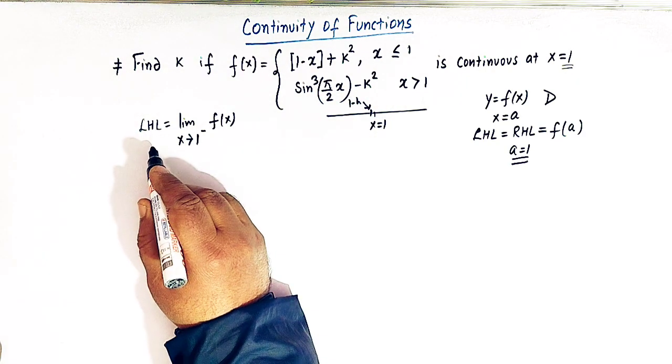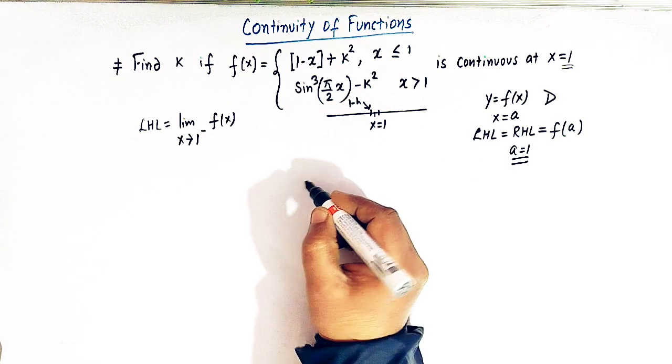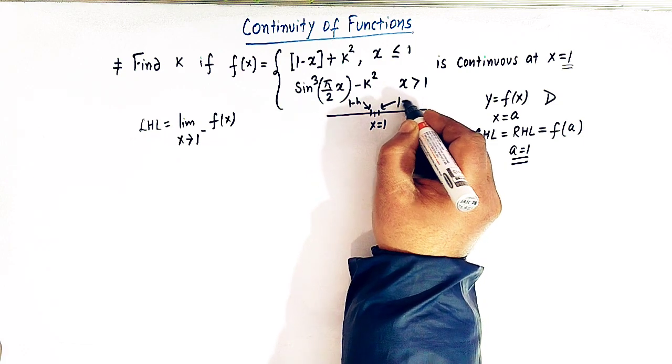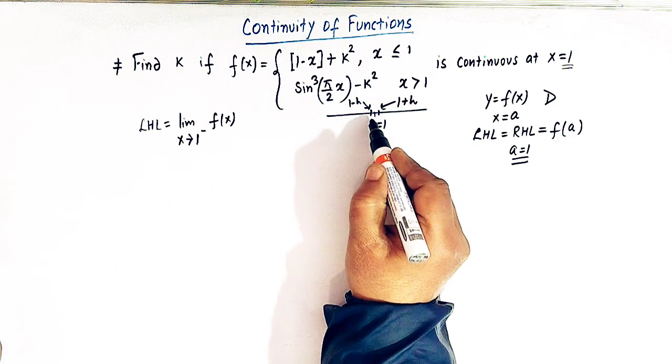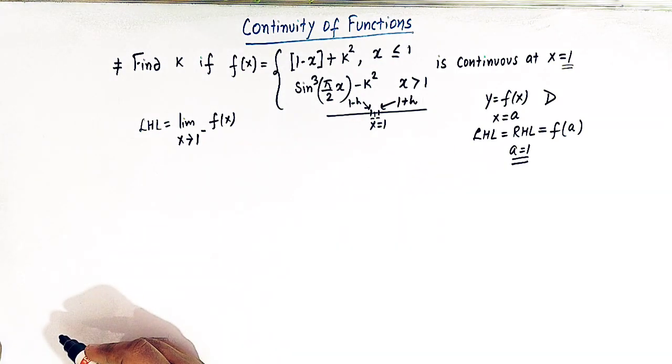When we find the right hand limit, we take a point in the right neighborhood of x equal to 1, and this point we call 1 plus h.